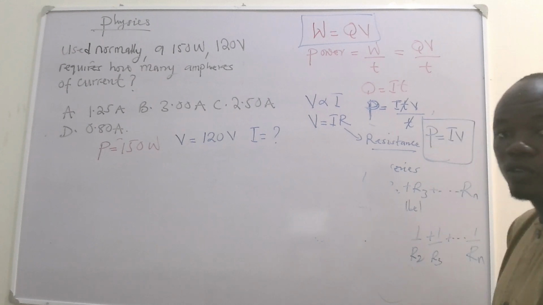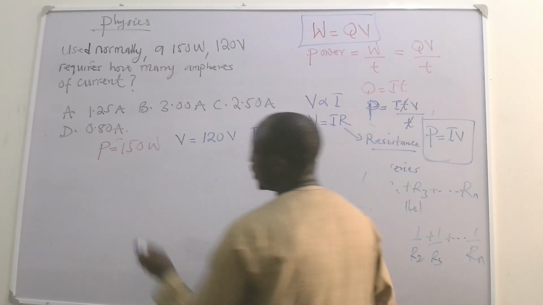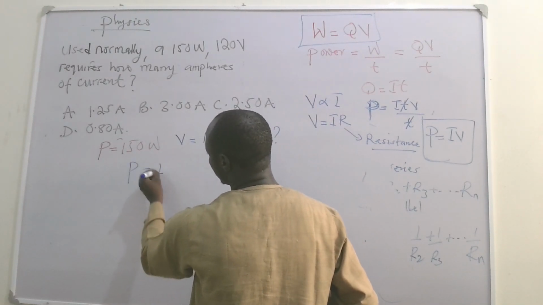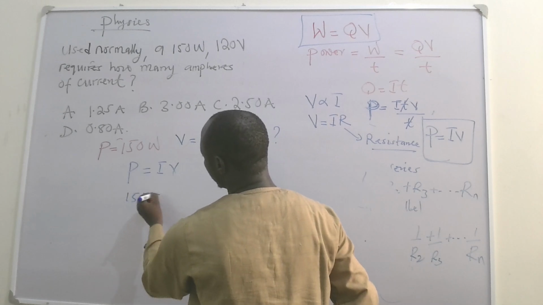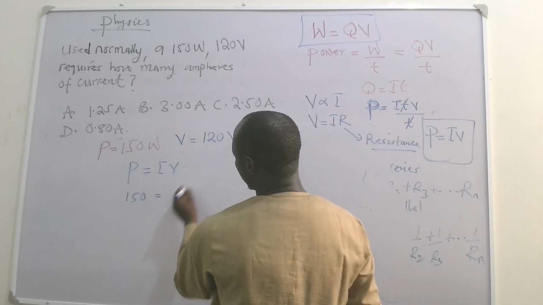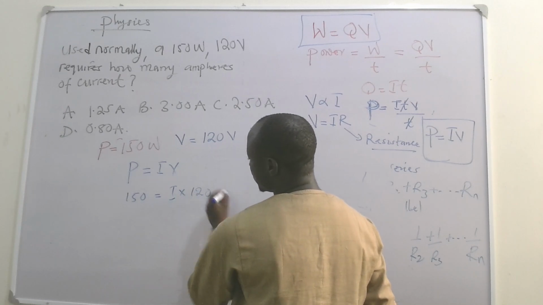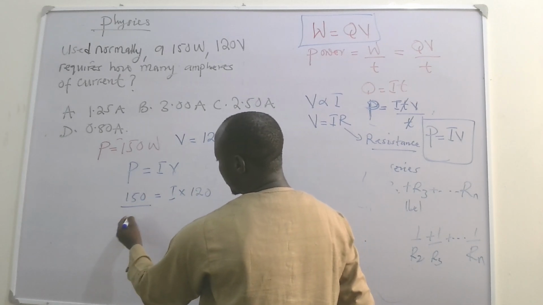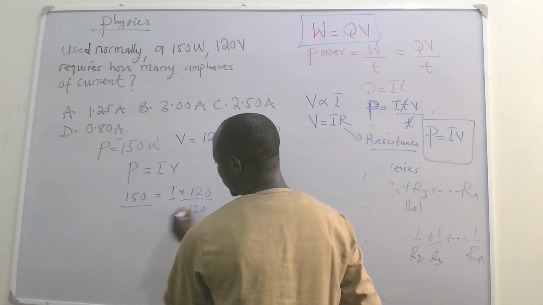So clearly we are going to use this formula: P is equal to IV. Our P is already given as 150, so 150 is equal to I times 120. We divide both sides by 120.